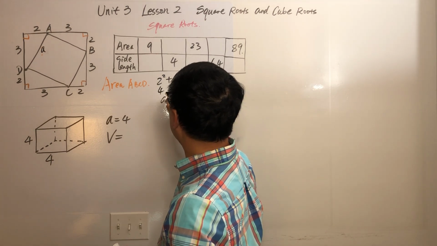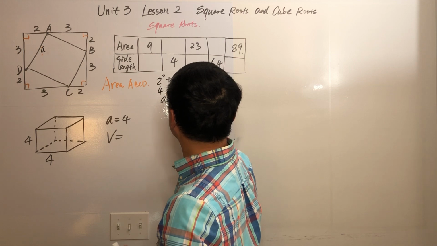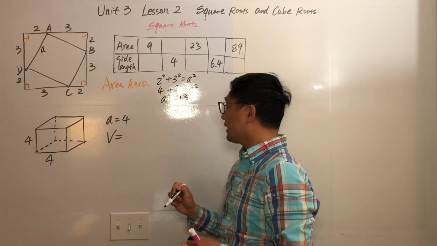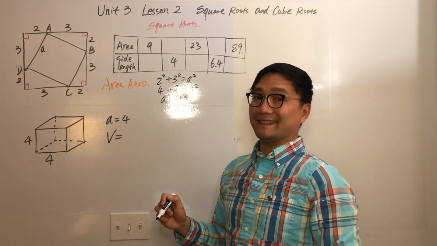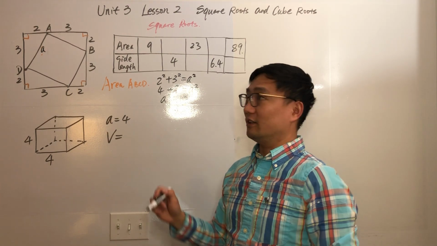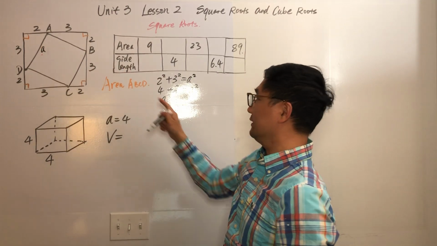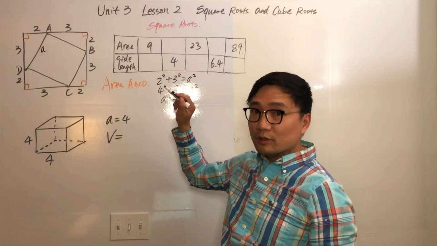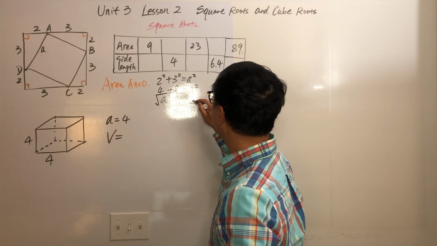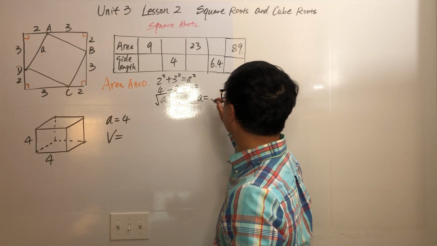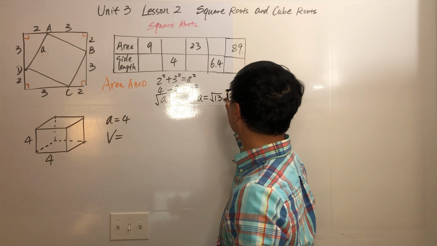That means A squared is 13. So what is A, the side length of the square ABCD? You have to take the square root of both sides, so after you do that, you get A is radical 13, right?